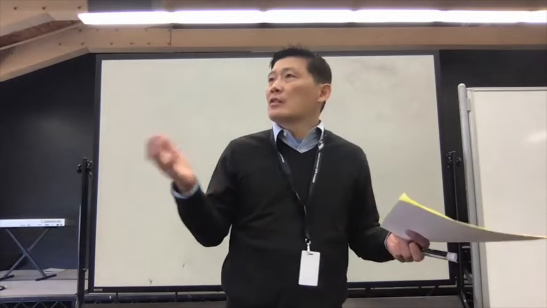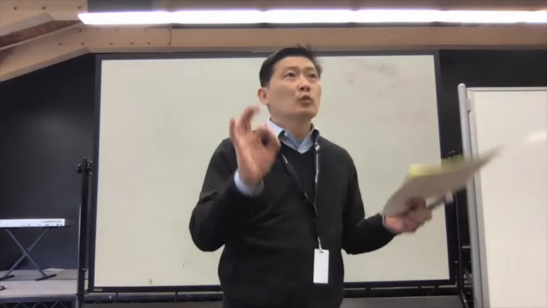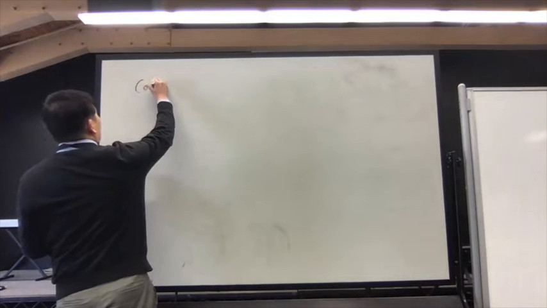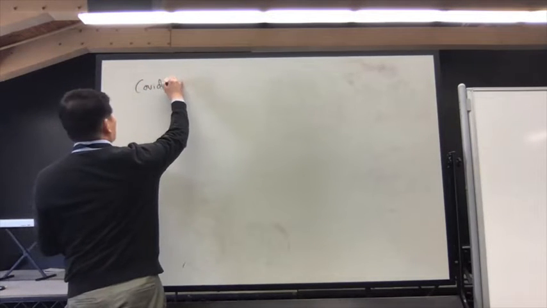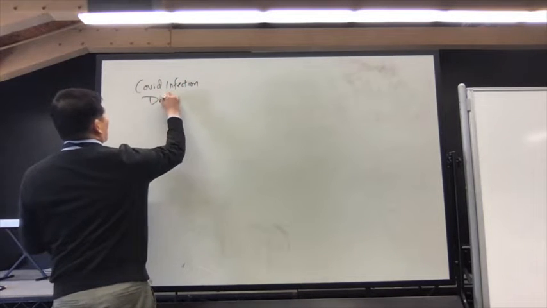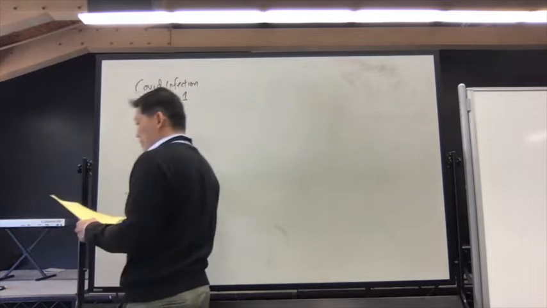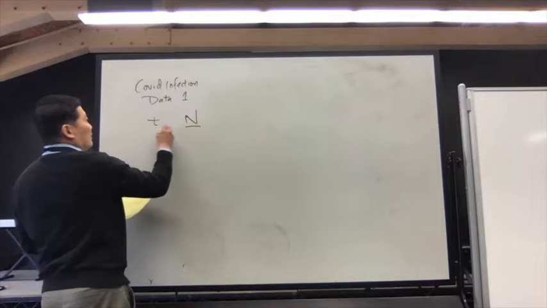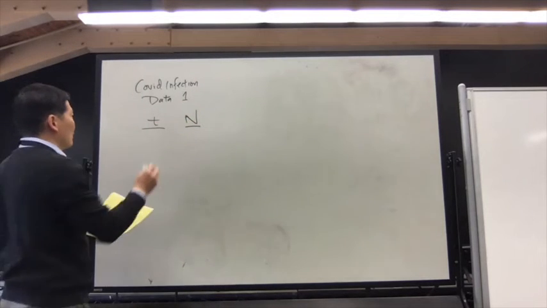So the biggest thing that we all are encountering right now is COVID. So I'll give you one example from real life COVID data. Okay, so there's one COVID infection data, data one, and I'm just going to give you two things, T and N. N is the number of infections, T is time, number of days.